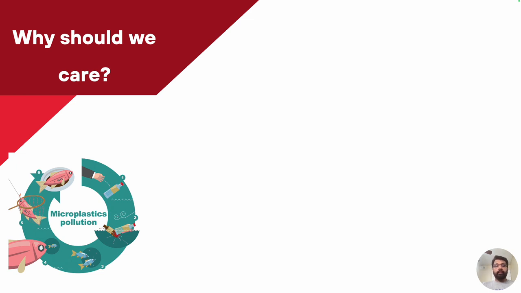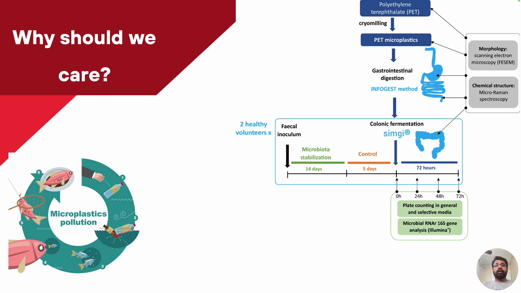There was a study designed and conducted. They picked two healthy volunteers and created a design so that they didn't have to give them microplastics directly. They measured the microbiota from the fecal inoculum over around 5 days. These are normal, healthy, control individuals.